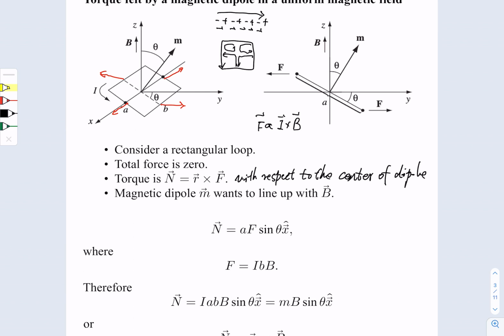Here sine theta is between the plane and the axis, and you can imagine that the torque will become the largest if you set m and z to be perpendicular to each other.